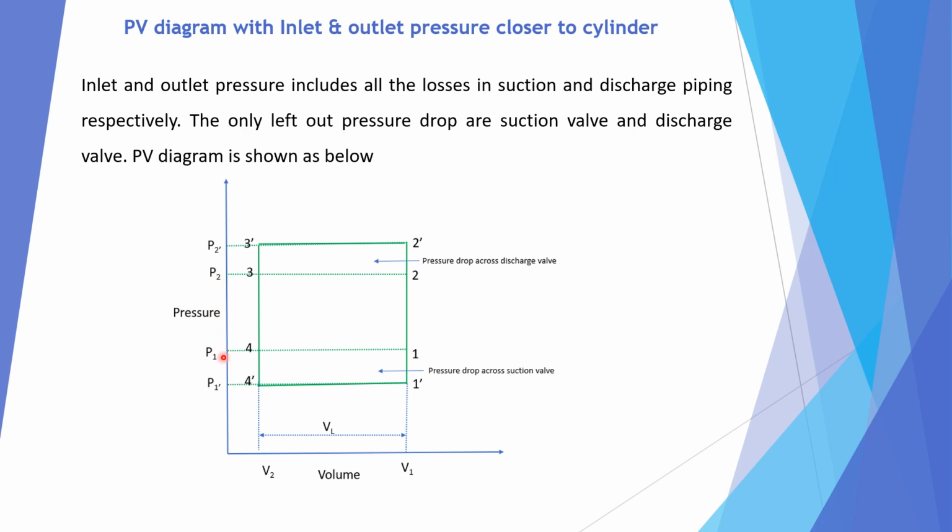So now the gap or drop between P1 and P1 dash is the pressure drop across the suction valve, and P2 and P2 dash are the pressure drop across the discharge valves. So the PV diagram looks like this, and VL is the stroke volume, V2 we can call the clearance volume.